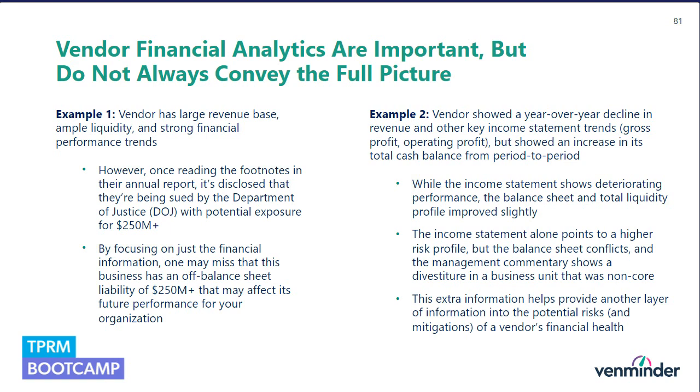The income statement shows a higher risk profile, but when combining the balance sheet in the financial health review that you've done, you can find that the reason their performance was declining on the income statement was because they were divesting a non-core asset, and therefore were doing it to improve their liquidity and help improve the service levels that they have agreed to for certain customers like your organization. So again, always good to look at both that qualitative and quantitative information when you're performing your vendor financial health reviews.